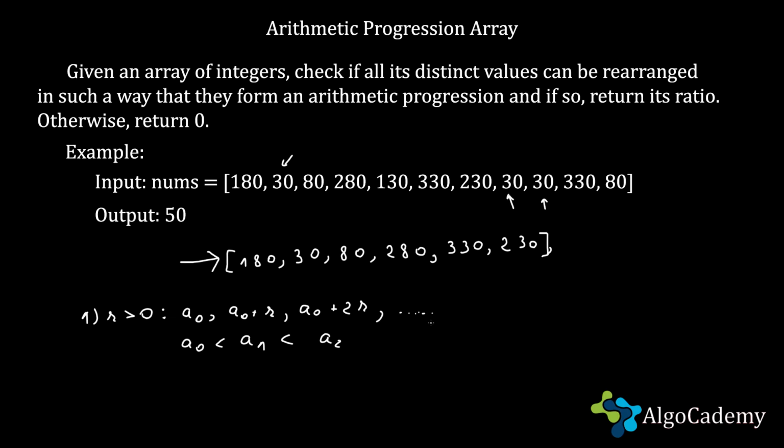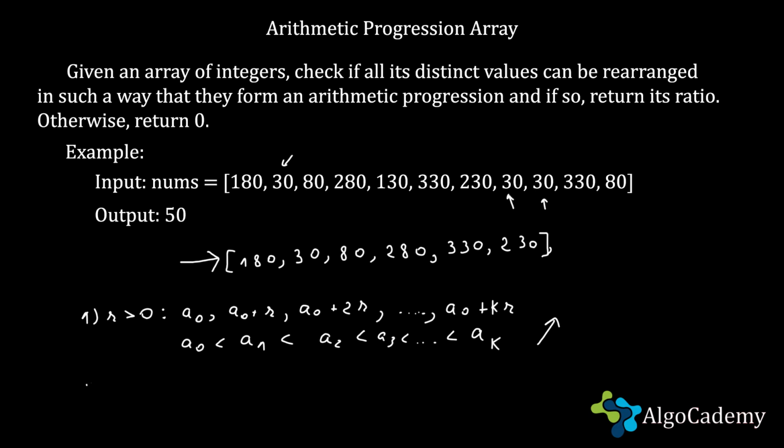And so on and so forth. A2 will be less than A3, and so on and so forth, until the last element, which let's say is A0 plus K times R, right? And again, everything will be less than the last element, which is A of K. Awesome. So if R is strictly positive, is greater than 0, what we can see here is that our arithmetic progression is definitely going to be strictly increasing, right?